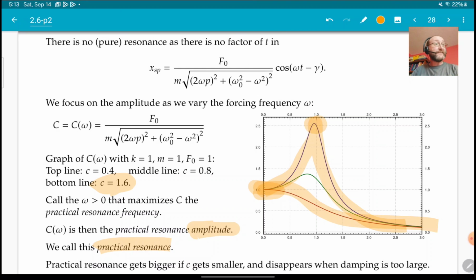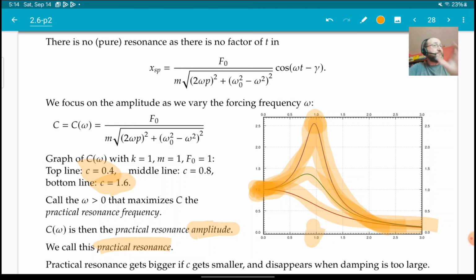Over here I am: I get much better maximum displacement when C is 0.4 and omega is slightly less than 1. Much better maximum displacement than with constant force. So there I have some practical resonance. On the green line over here, it's nothing to write home about. It's slightly better than 1, but yeah.